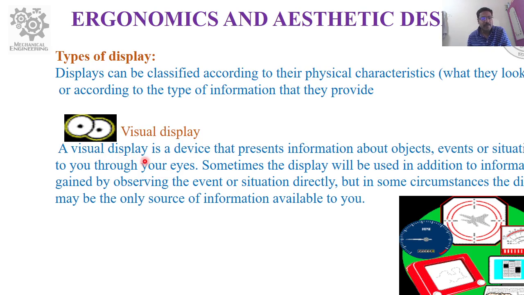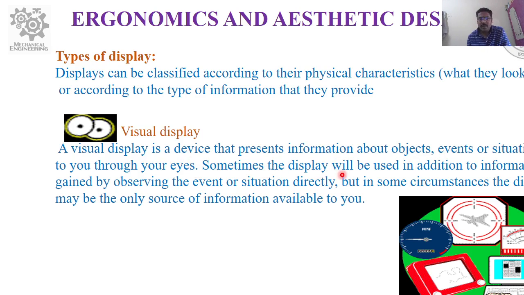A visual display is a device that presents information about an object. Visual displays present events or situations to you through your eyes.